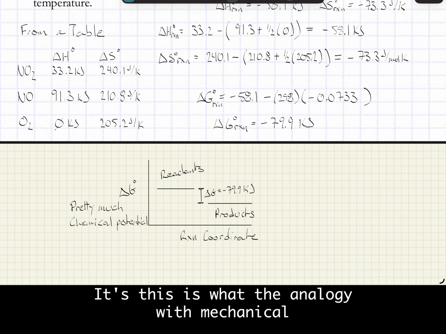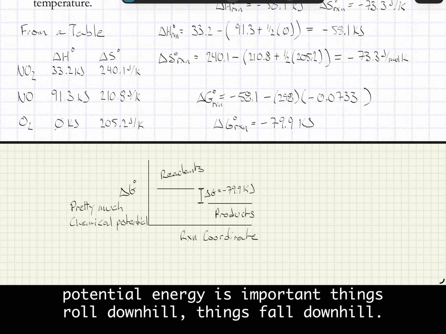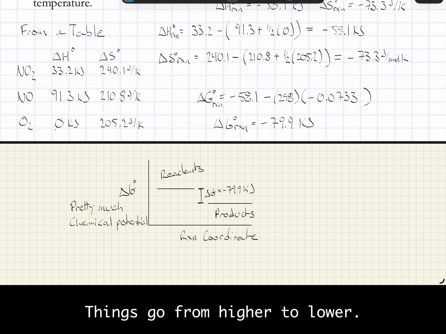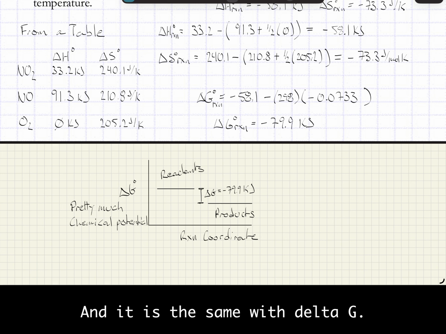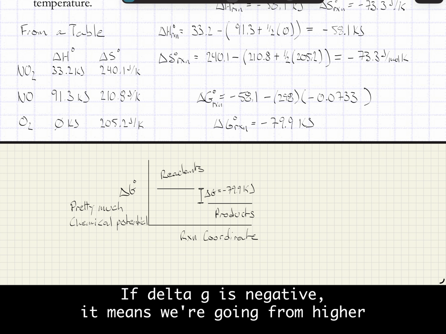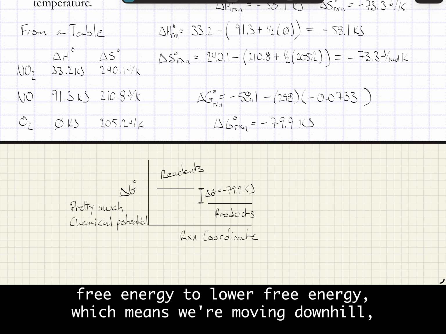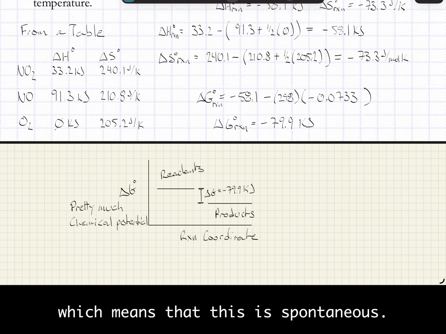This is why the analogy with mechanical potential energy is important. Things roll downhill, things fall downhill, things go from higher to lower. And it is the same with delta G. If delta G is negative, it means we're going from higher free energy to lower free energy, which means we're moving downhill, which means that this is spontaneous.